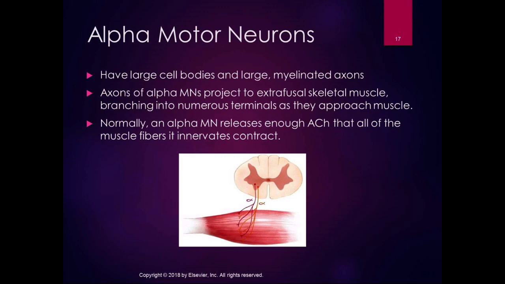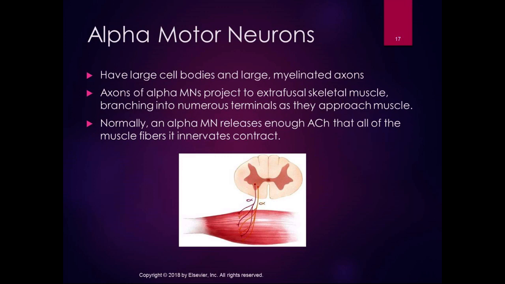Alpha motor neurons have large cell bodies and large myelinated axons. The axons of alpha motor neurons project to extrafusal skeletal muscle, branching into numerous terminals as they approach the muscle. So you see the nerve root going out, and it splits into all these different little things that are going to find a neuromuscular junction on the muscle to release acetylcholine to activate those muscle fibers.